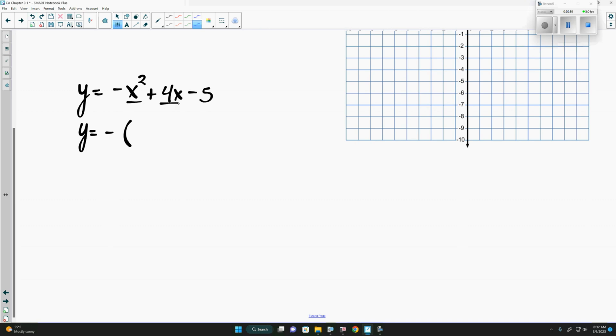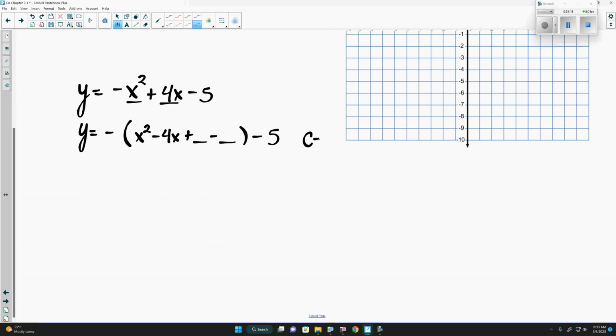Now, between the two x values, there's not a number, but we still need the x squared to be positive. So we're going to factor a negative 1 out, which means once we find the value of c, its negative is going to be multiplied by a negative 1.